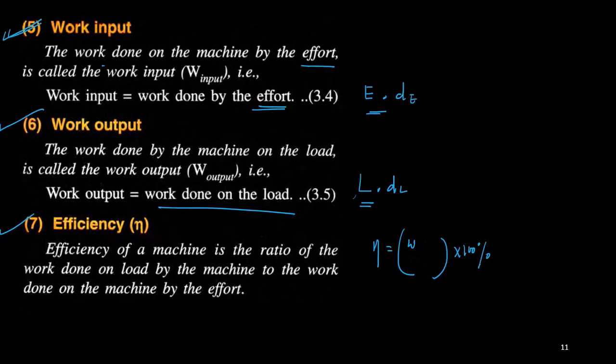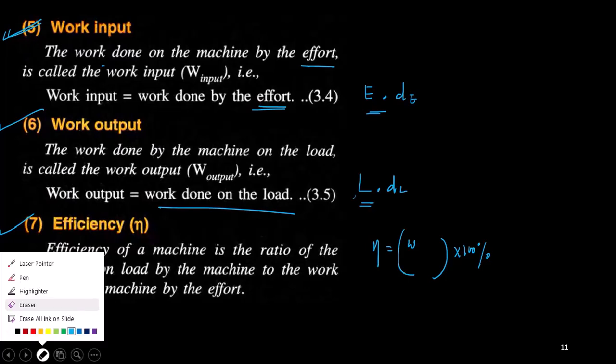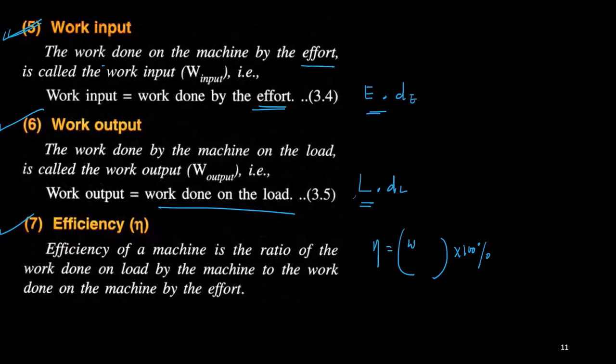As an output, how much work I am getting, work output, divided by work input. That ratio is the efficiency. Efficiency of a machine is the ratio of the work done on the load, that is the output, divided by the input part, that is the effort part.